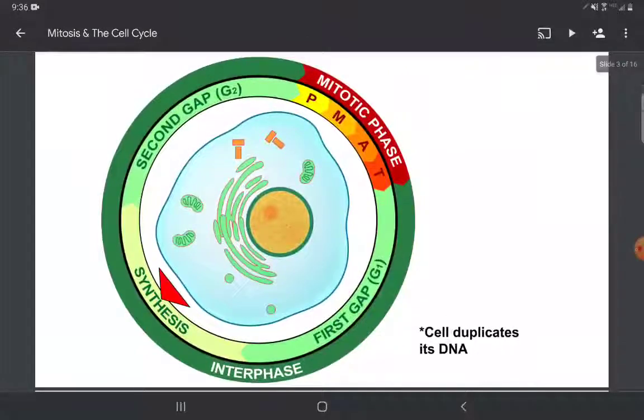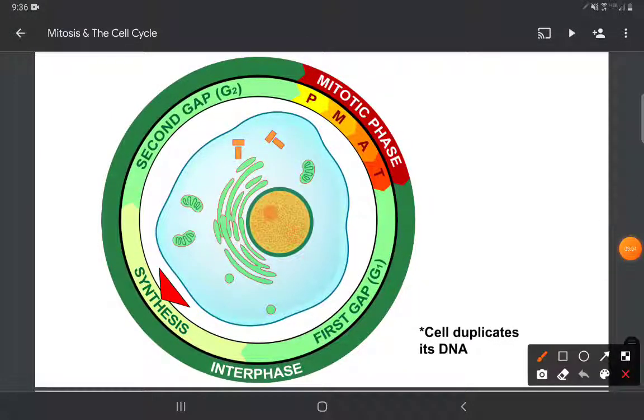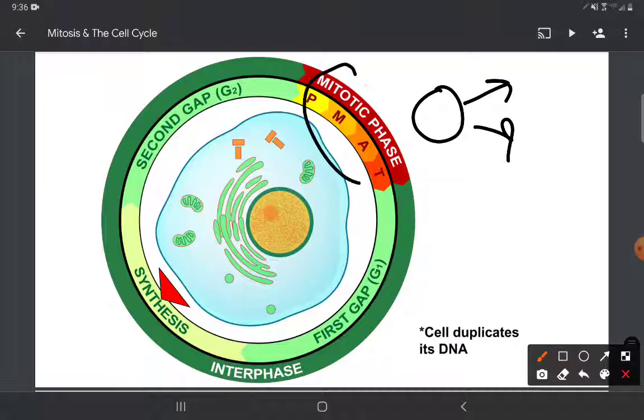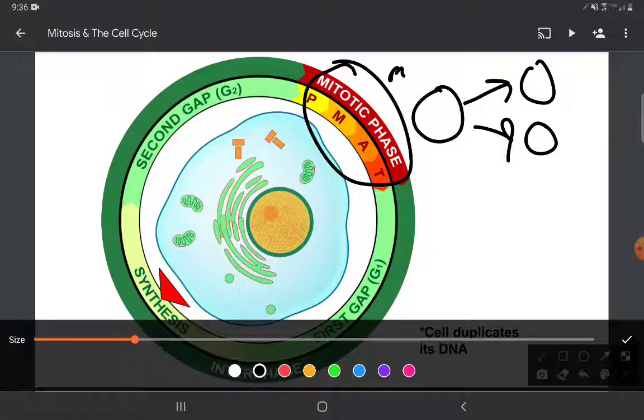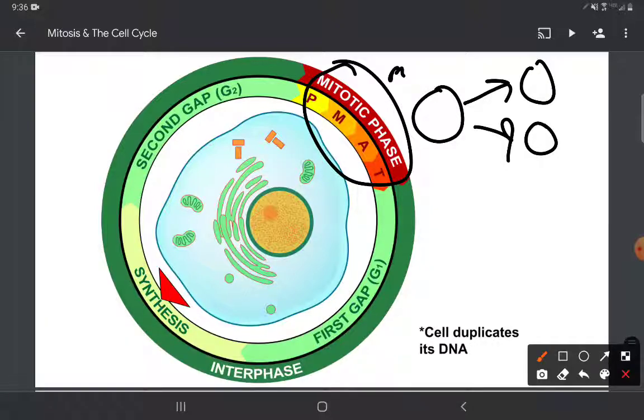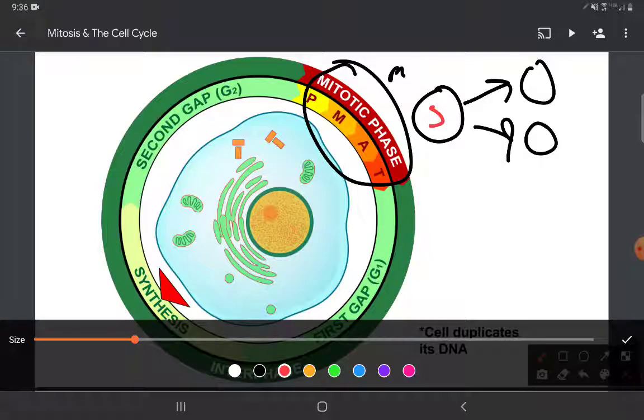In S phase, the cell must copy its DNA. The reason it must copy its DNA is because eventually, in M phase, one cell will become two. Cells require DNA, and so if there's one set of DNA, that means only one new cell will have that DNA.